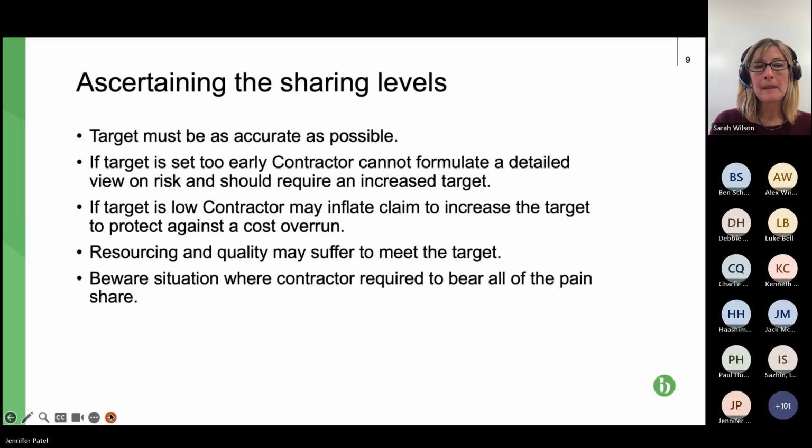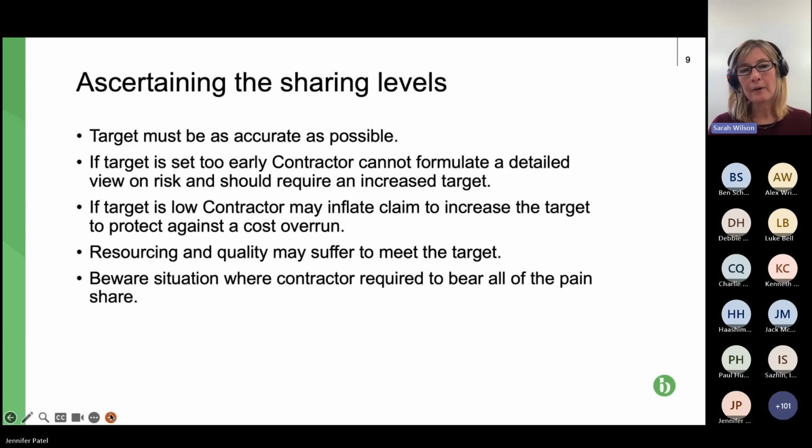And also the final bullet point here is what we will see is how NEC deals with the pain gain sharing, and it's not just as simple as, I don't know, the target's 3.5 million, the costs come in at 3 million, and the contract says we share it 50-50 or 75-25 or whatever. It's slightly more complicated than that.